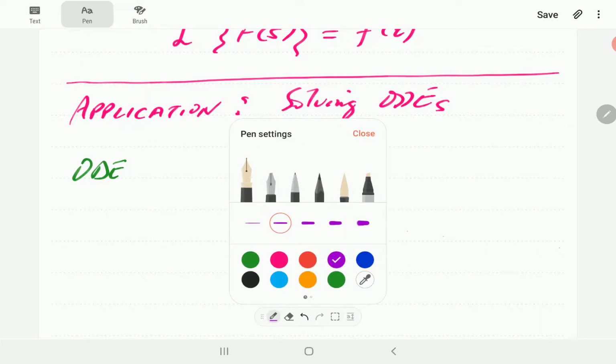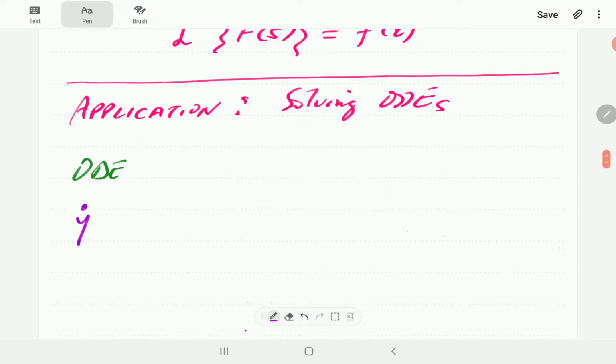Suppose we have this ODE here, y dot plus 3y equals 1, and suppose the initial condition is that when t is equal to 0, y is equal to 2. We want to solve this.